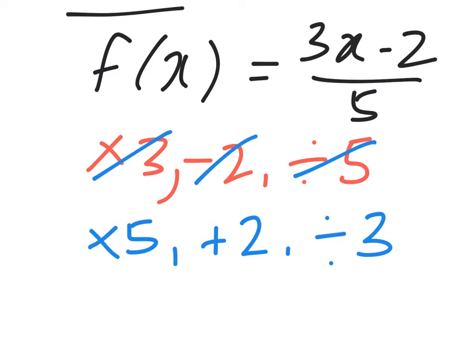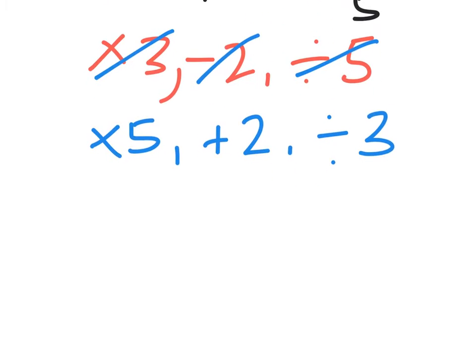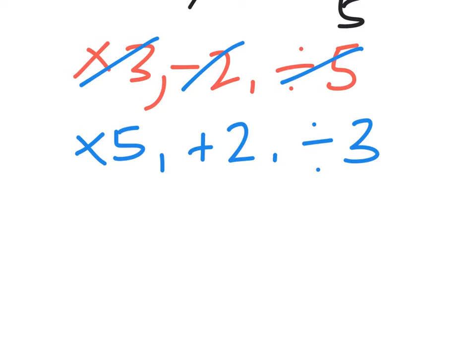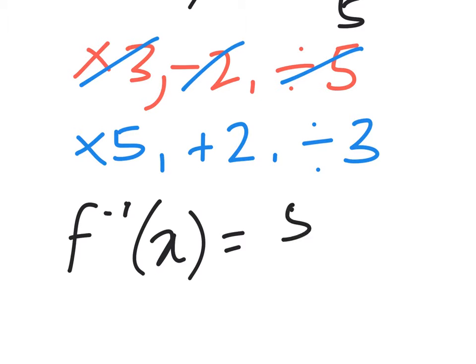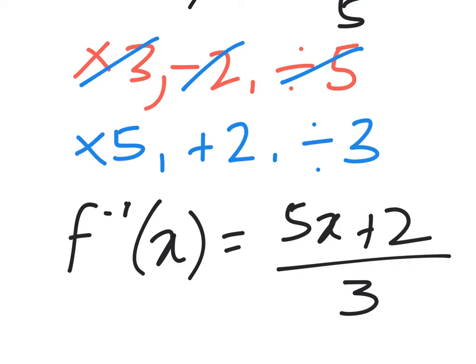So what does the inverse function look like? It looks like this. f inverse of x equals (5x plus 2) divided by 3. Okay, so we did it by doing the opposite steps in the opposite order.